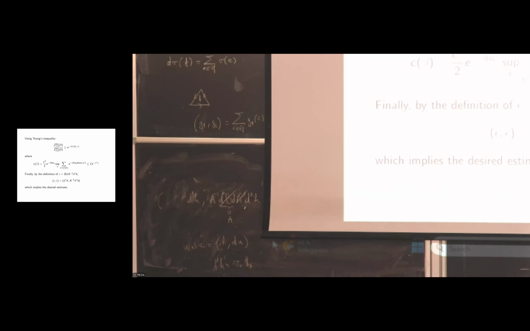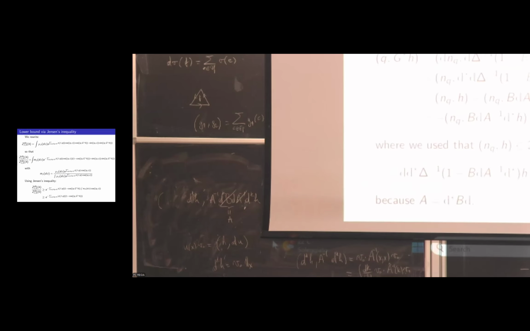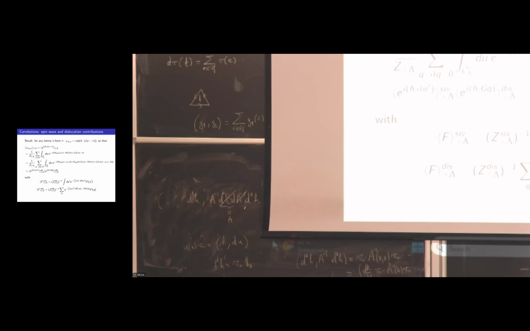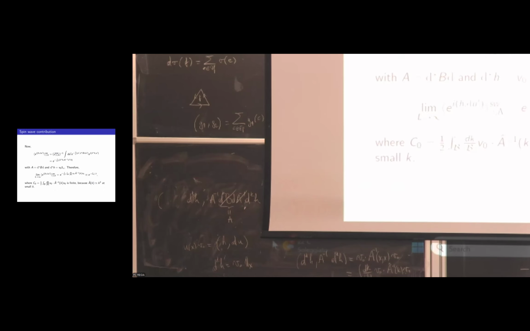So this is nothing but V0 a minus 1 xx V0, and this is nothing but the same Fourier integral that we already encountered in the spin wave approximation. So this thing here is exactly the same as this integral here.